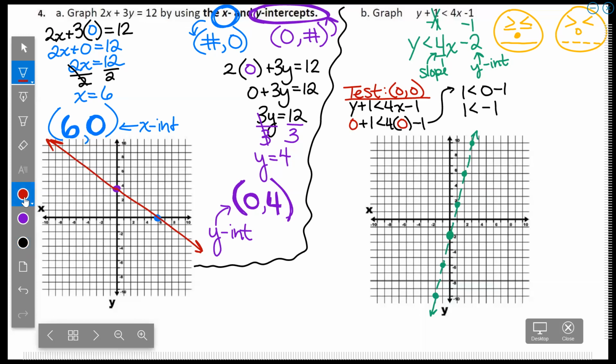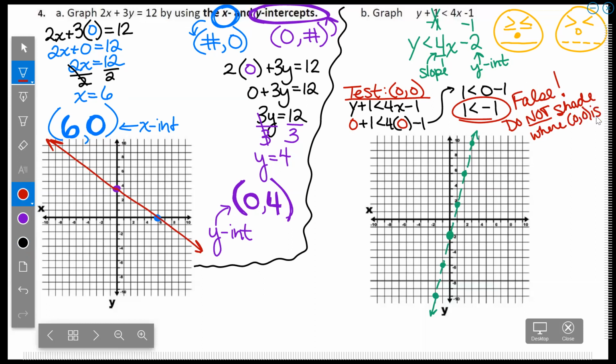Is 1 smaller than negative 1? Nope. This right here is false. So do not shade where 0, 0 is.